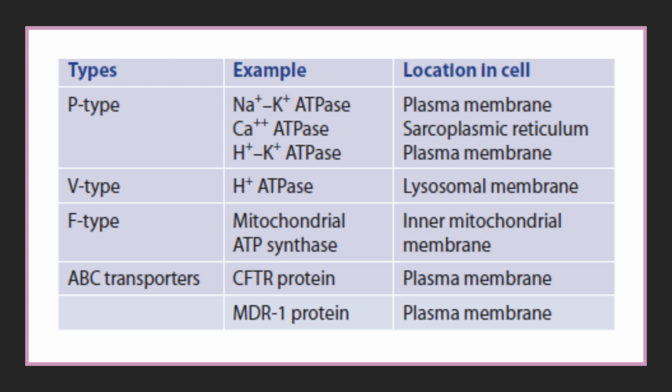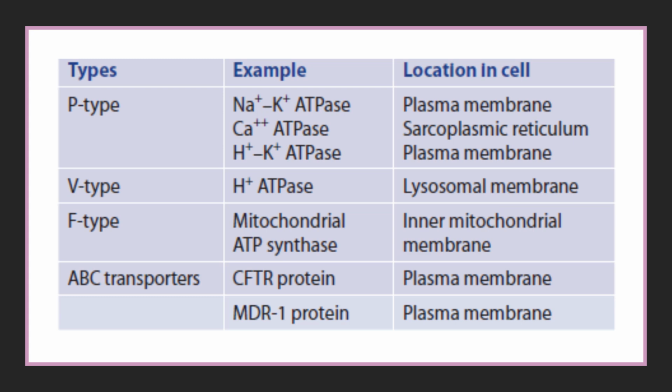Other than the sodium potassium ATPase pump, some other common ATPases are calcium ATPase, H plus K plus ATPase, and H plus ATPase. They are classified into P type or phosphorylation type, V type or vacuolar type, F type, energy coupling factor type, and ABC transporters.